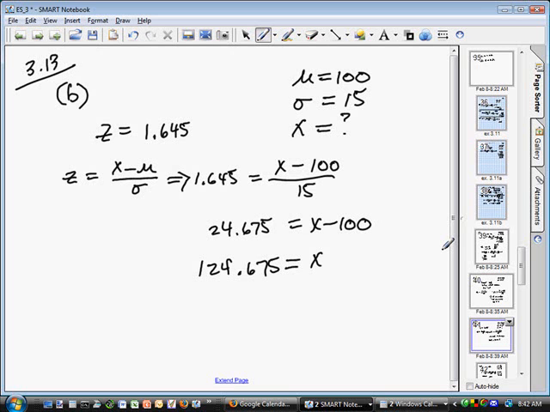And I can't say 124 because that's a hair too low, so I just say 125. Okay, so those are good examples again because we had to do the backwards thing. We start with the table and look out to find z instead of the normal technique.